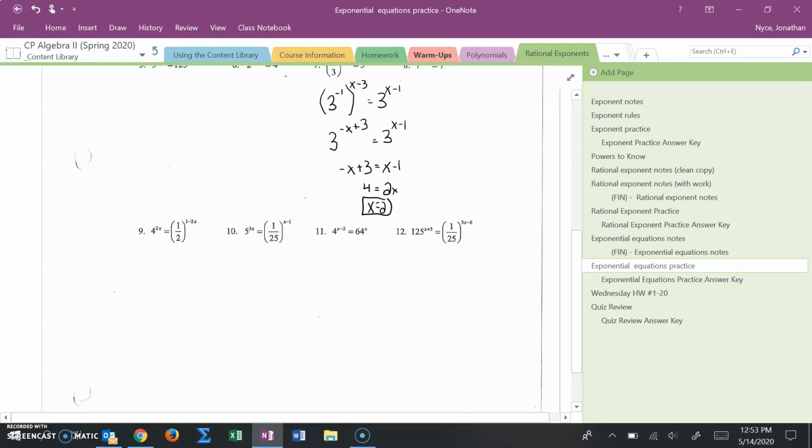So 125 and 25, both powers of 5. So 125 is 5 to the 3rd power. So I'm simply going to replace that with 5 cubed. 25, I'm going to keep right now, but 1/25 is 25 to the negative first. So I'm going to get rid of that fraction first.